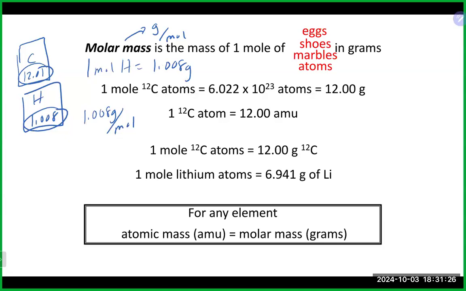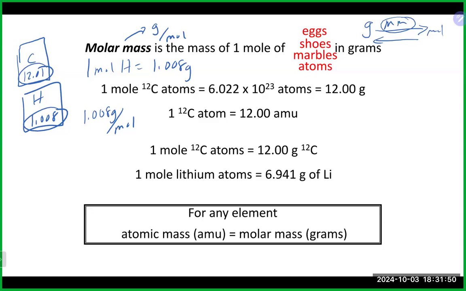And molar mass is our conversion factor to go from grams to moles and moles back to grams. Probably the two most common calculations that you do in chemistry, grams to moles, moles to grams, using the molar mass, more so than you will ever see Avogadro's number used in real life chemistry situations. So definitely something that we use.